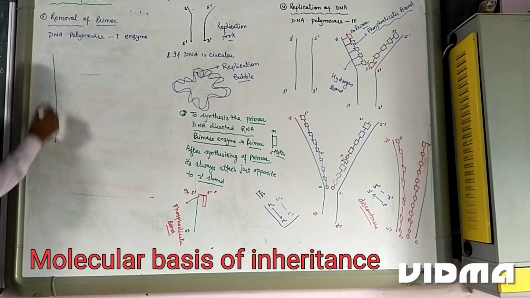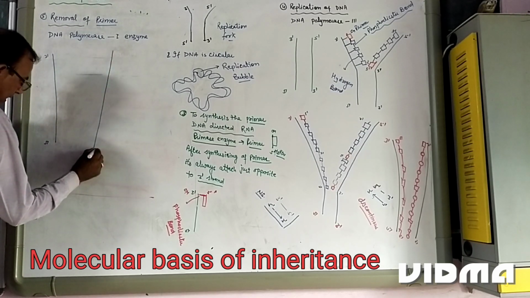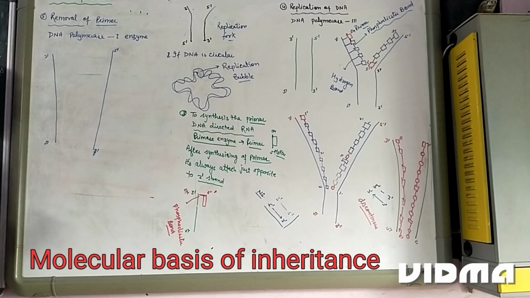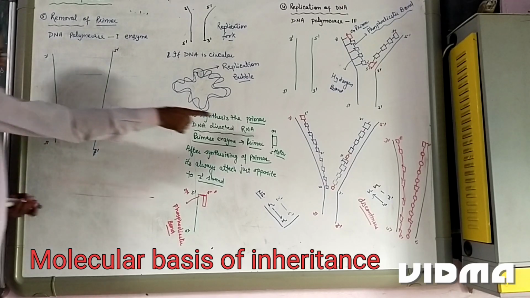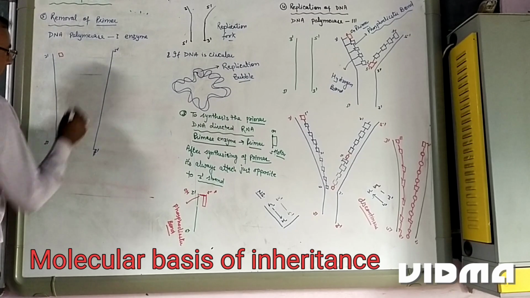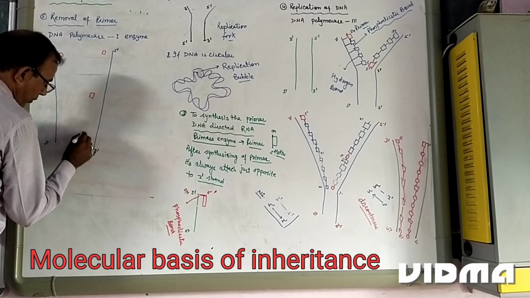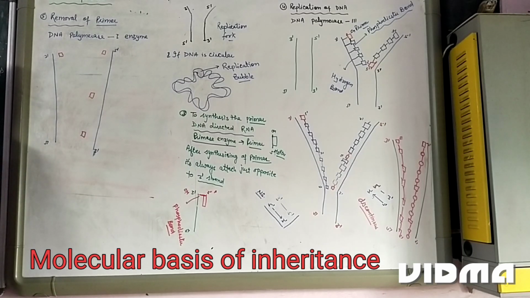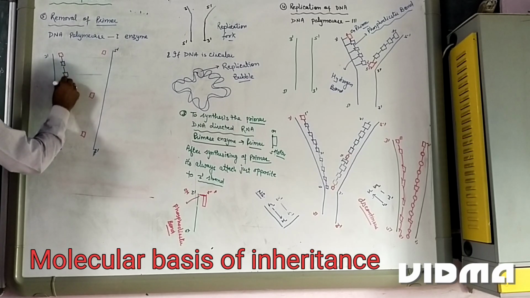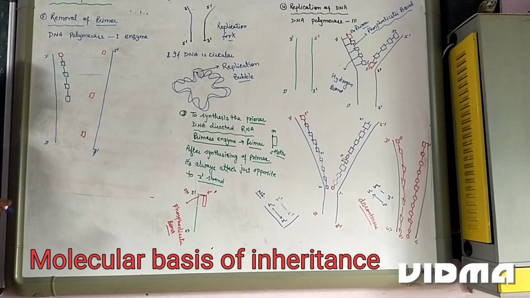Suppose this is the 3 prime to 5 prime, and this one is 5 prime to 3 prime. As we discussed in the last session, this contains the primer, and here is a primer, here one more primer. But in this one, a continuous strand is produced, because there is no terminal end.